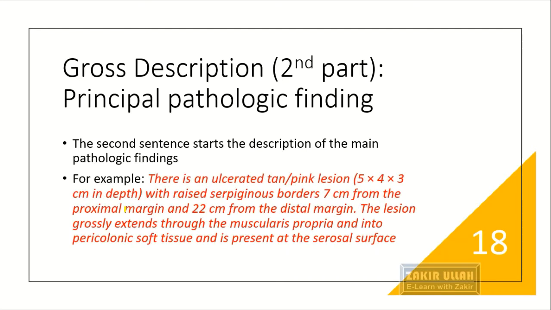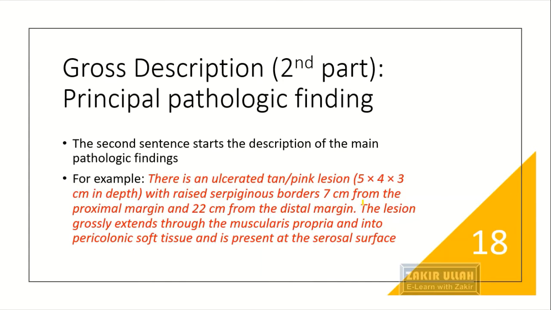For example, there is an ulcerated tan or pink colored lesion with the dimensions and with raised serpiginous borders, 7 cm from the proximal margin and 22 cm from the distal margin. So this shows that the lesion was within the margins, within the borders of the organ.